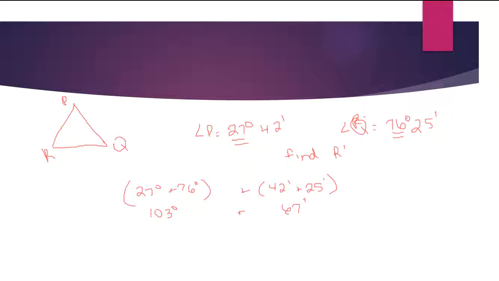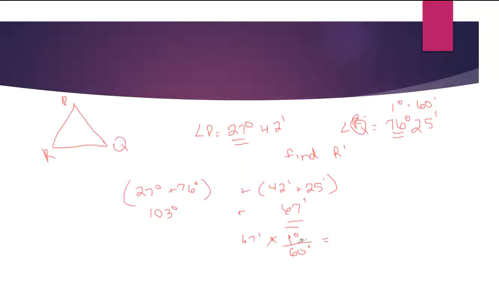And so what you're going to do next is, well, we know 67 minutes, right? There's 60 minutes. We know that, remember from earlier, one of your PowerPoints, 1 degree is equal to 60 minutes. So I can write this 67 minutes as 1 degree, because we want to get rid of minutes, right?